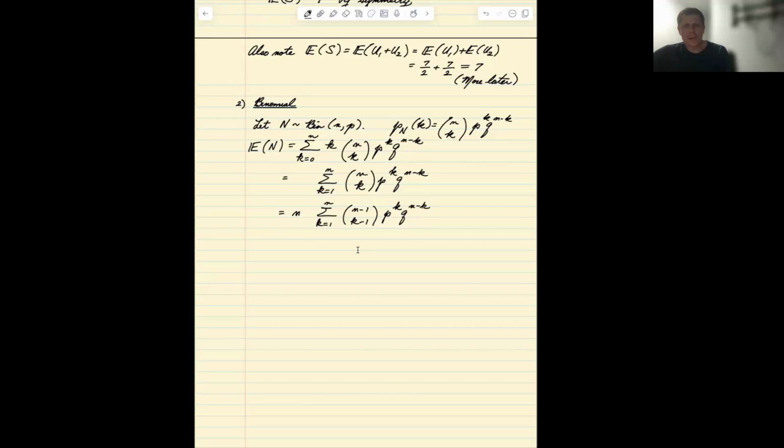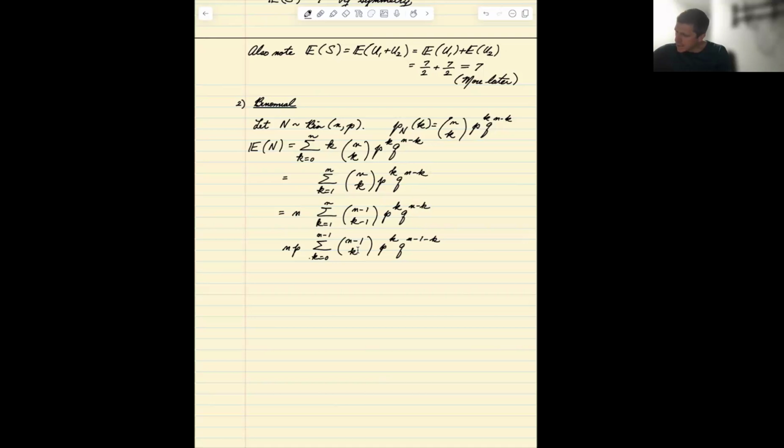Then I'm going to do a change of variables. I want the index to go from k equals 0 to n minus 1. Now I have n minus 1 choose k. I have to pull the p out, and I get p to the k, q to the n minus 1 minus k.